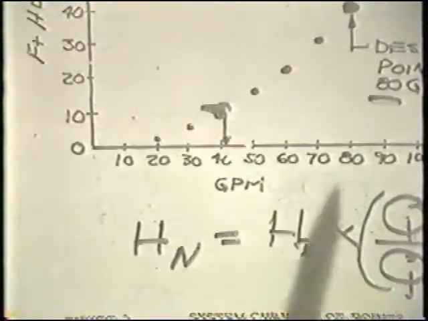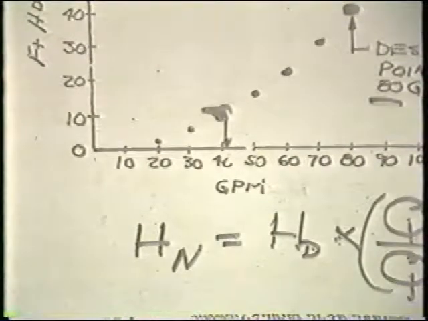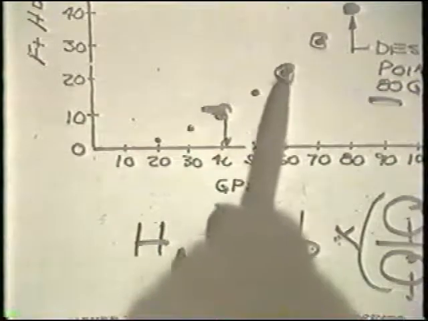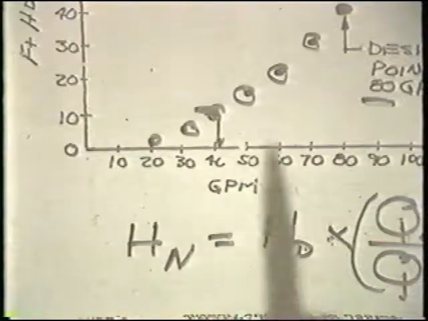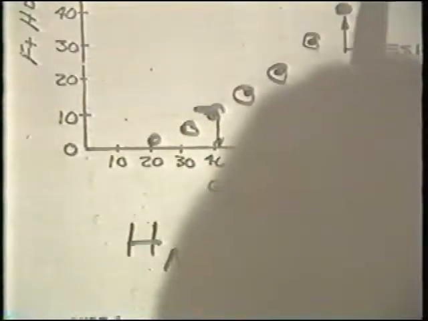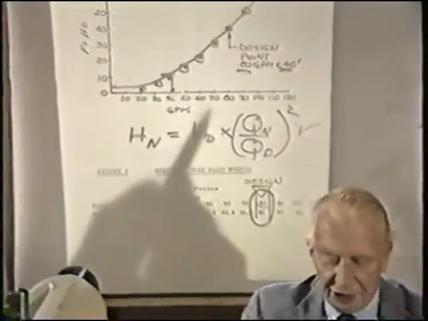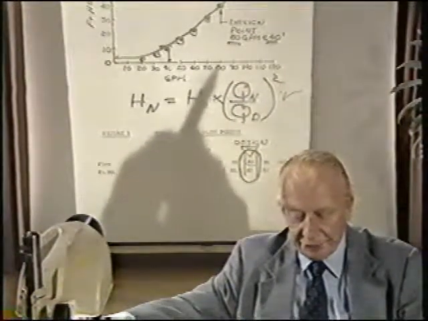Now, by using a calculator, we can very easily assess, through use of the formula illustrated, the new heads that would occur with changes in flow rate for this particular piping system. And by interconnection of those points, we can establish what is called a system curve.